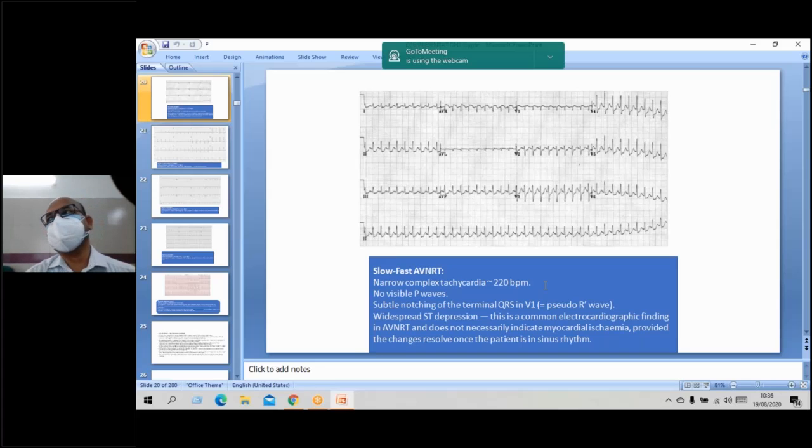So this is supraventricular tachycardia. The presentation is the same: chest pain, palpitation, breathlessness, syncope.